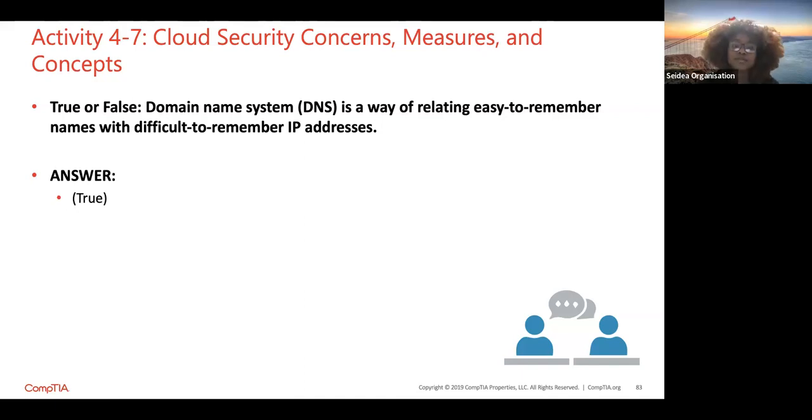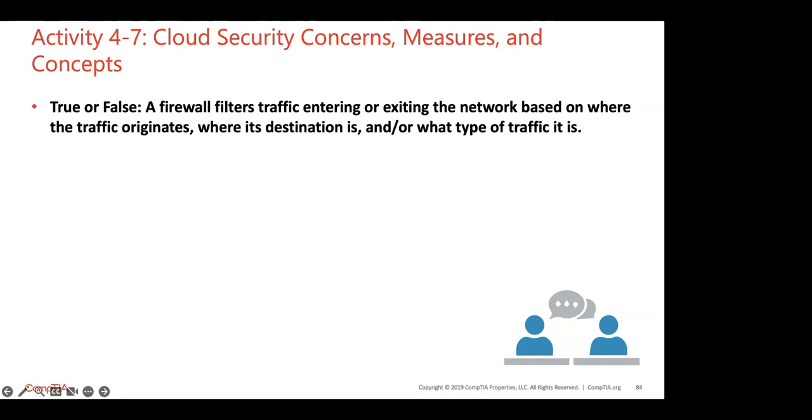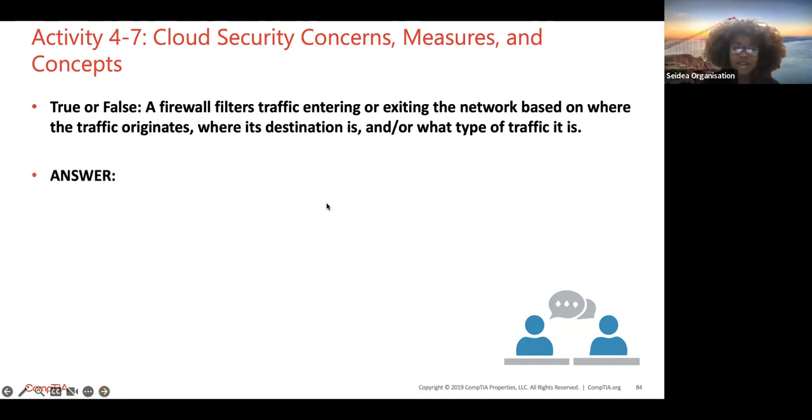Rather, it's easy names for us to remember. The next one: a firewall filters traffic entering or exiting a network based on where the traffic originates, where the destination is, and what type of traffic it is. Is that true or false? Everyone's saying true.